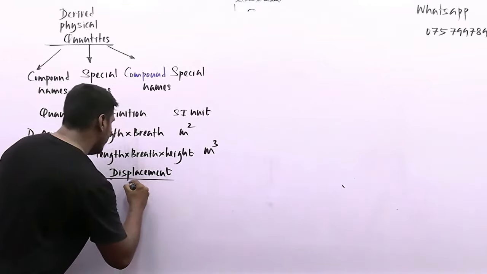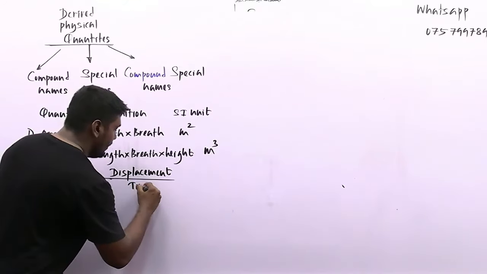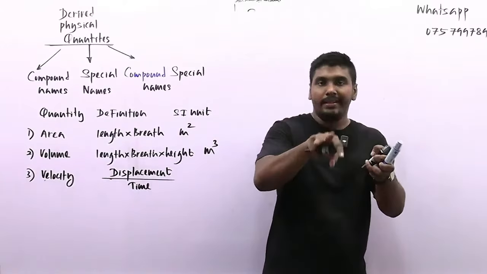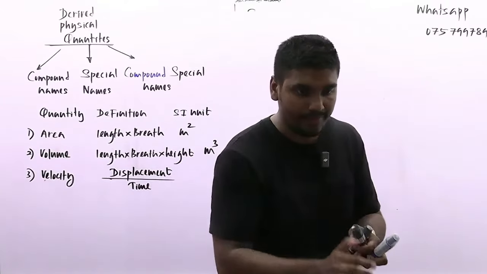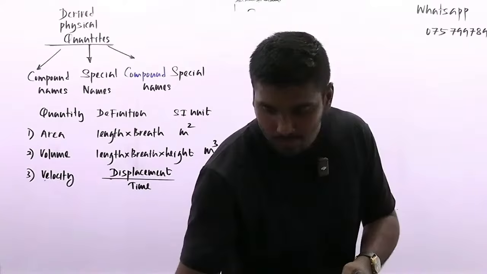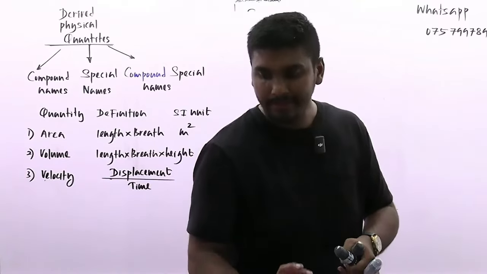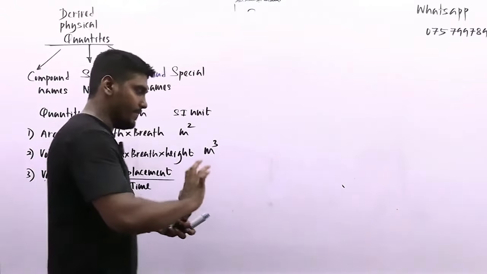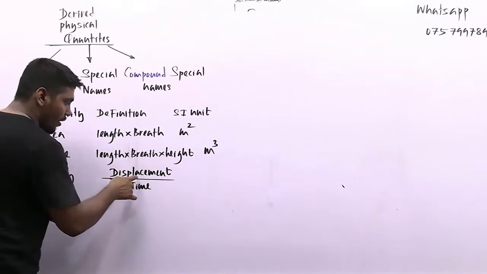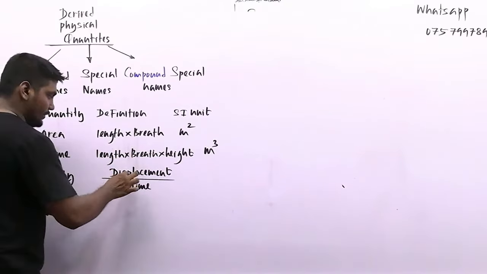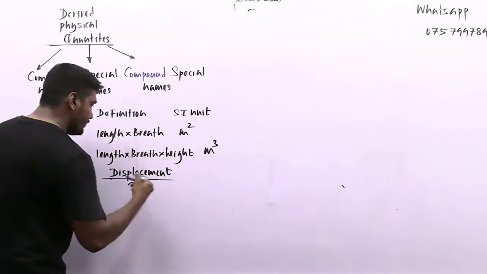Some of you might have forgotten that displacement is also a length; we will learn in mechanics that displacement is also a length. Therefore the unit of displacement is meter.